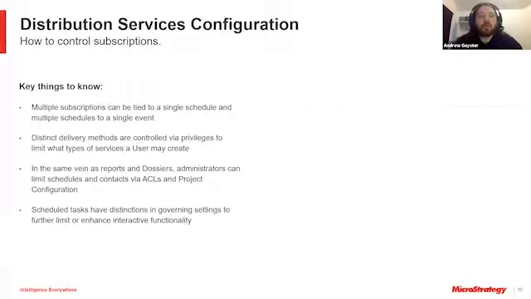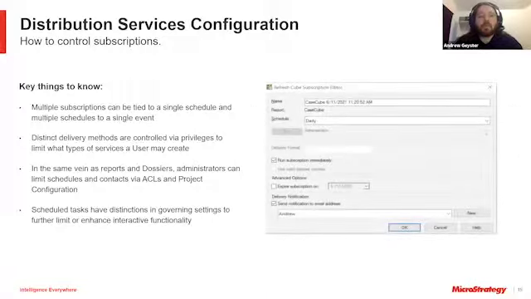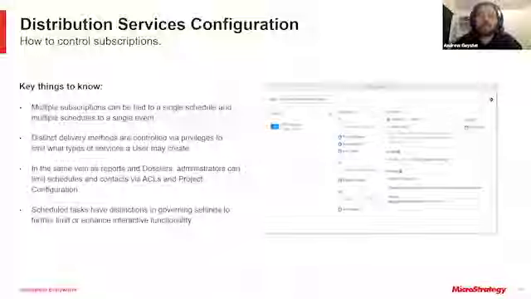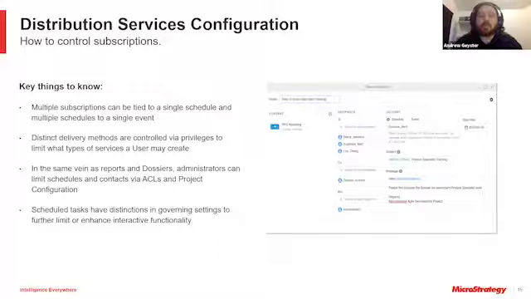So now that we've taken a look at creating some of the backend elements, the other thing that is involved with distribution services is the management of your subscriptions. Since subscriptions are available in multiple different interfaces, it can be difficult at times to monitor and track everything that is being run in a very large MicroStrategy environment.